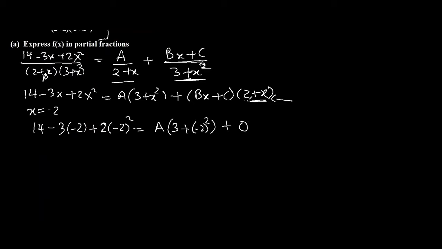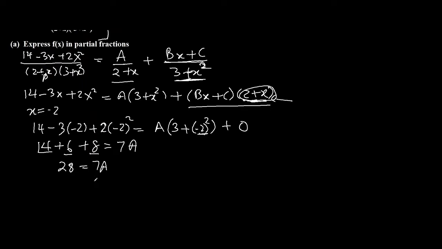Why? Because 2 minus 2 will be 0 and this whole thing will become 0. Alright. So it becomes 14 plus 6 plus 8, which is 28, equal to 7A. And A comes to 28 over 7, which is 4.